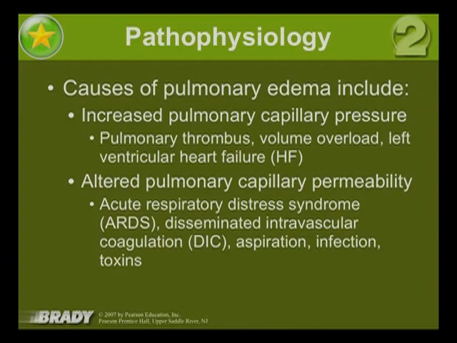Causes of pulmonary edema include increased pulmonary capillary pressure, pulmonary thrombosis, volume overload, left ventricular heart failure, altered pulmonary capillary permeability, acute respiratory distress syndrome, or ARDS you may hear, disseminated intravascular coagulation, DIC, aspiration, infection, and toxins.